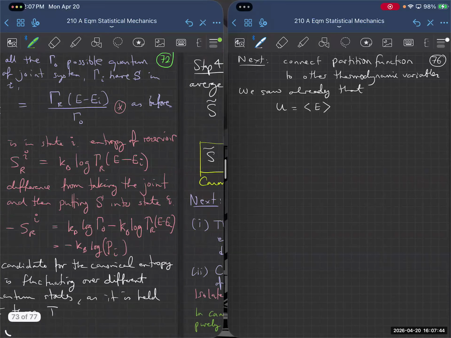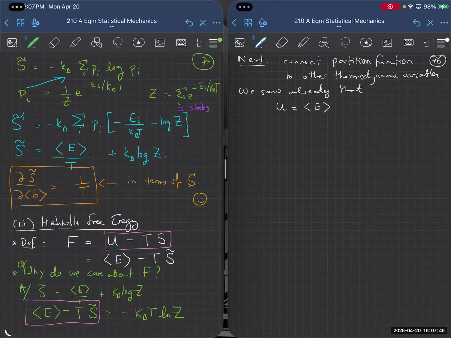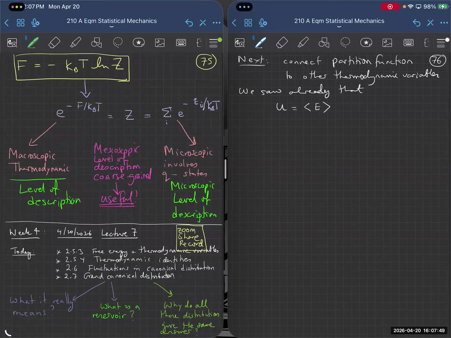So we're just going to rewrite that. U, the expectation of energy, is kBT squared d by dT of the logarithm of the partition function.